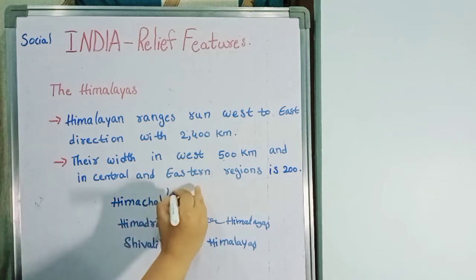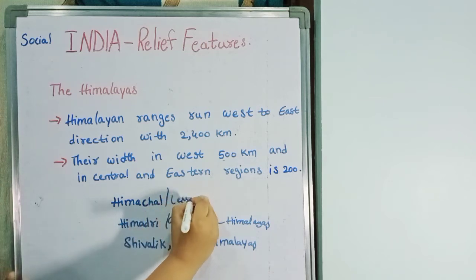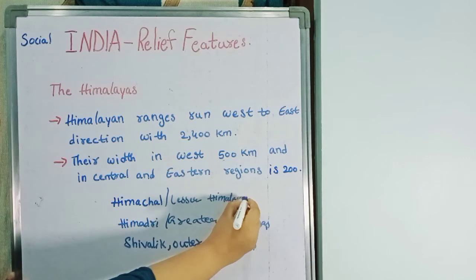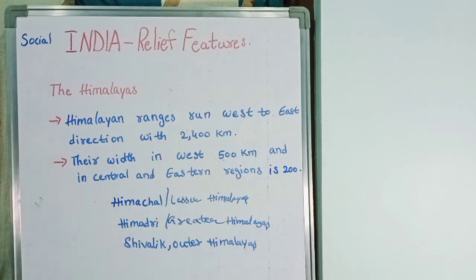Himachal is the Lesser Himalayas. There are 3 parallel ranges which comprise the Himalayas. They are Himachal, which is also called the Lesser Himalayas. Next is Himadri, which is also called the Greater Himalayas. And last is Shivalik. It is also called the Outer Himalayas.